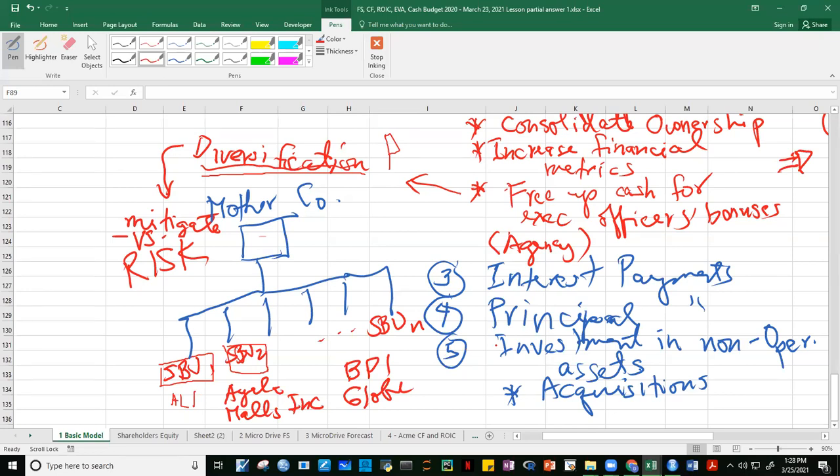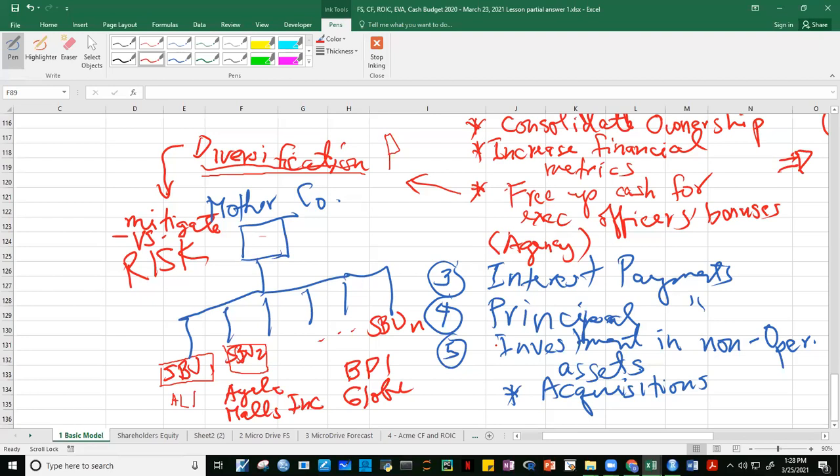Kasi pag highly correlated sila, maganda yon pag bullish yung market. Ibig sabihin pataas, pabulusok yung market. Kasi pag tumataas yung isa, tumataas din yung iba. Ang ganda nun. Pero palpak yun, guys, pag bearish yung market, B-E-A-R. Pag bearish yung market, pag bumabagsak yung isang industry, since highly correlated sila, bagsak din yung iba.